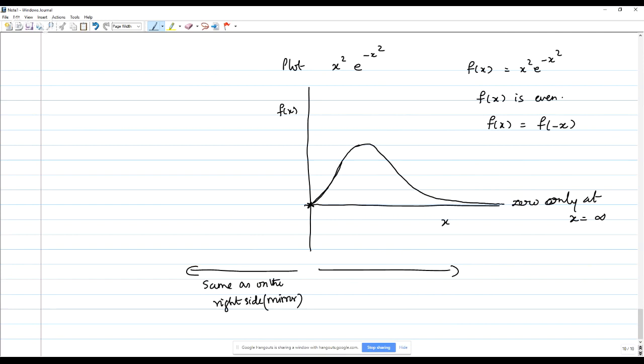It reaches 0 only at infinity. Sorry, the inclination is wrong. Let me draw the inclination. The inclination should be this. Okay? And you have exactly the same thing on this side.